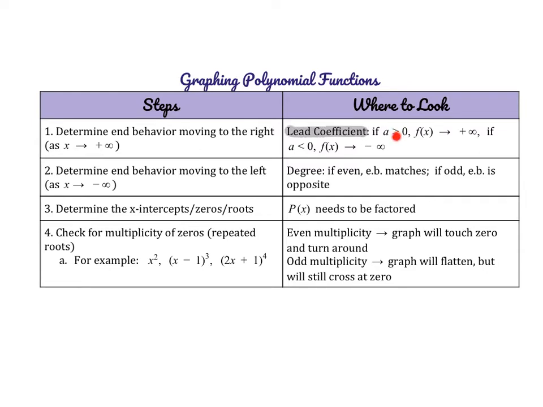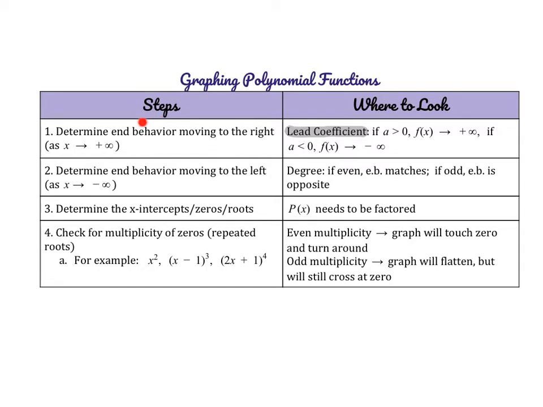So if your lead coefficient a is positive, then that means that your graph is going to go up. F of x approaches positive infinity. And if your lead coefficient is negative, that means that your graph will go down. F of x approaches negative infinity. So I like to just start by drawing a little arrow either up or down, moving to the right.